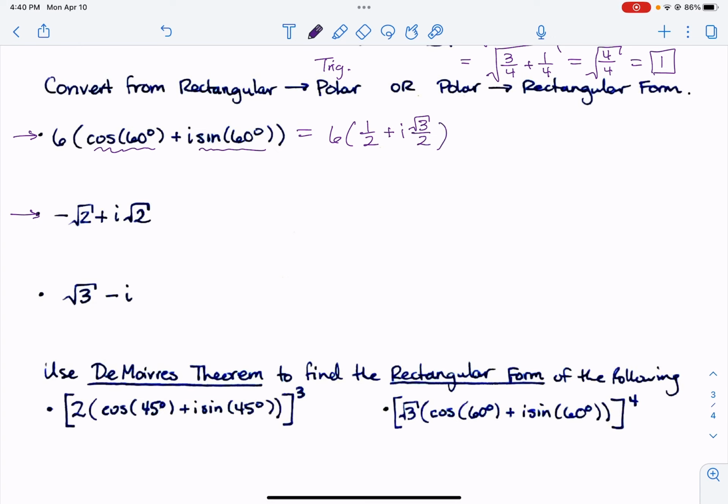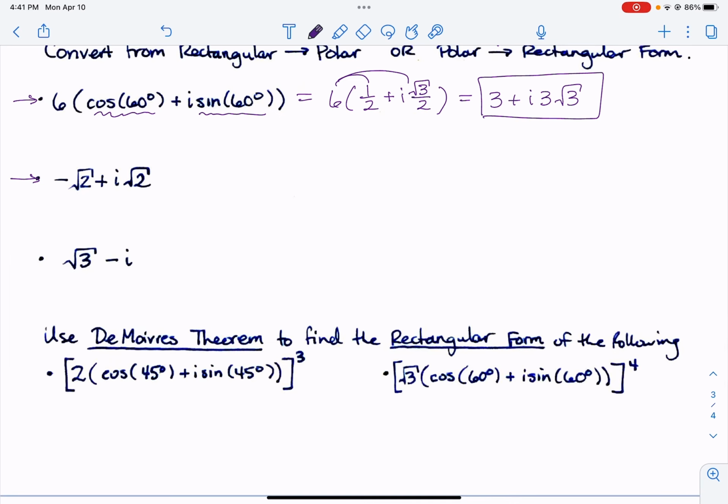All right, so just evaluate those two functions. Now we distribute. Multiply by 6, and we get 3 plus i times 3 square root of 3. And that's our final answer here.